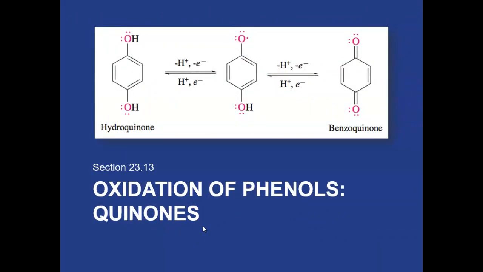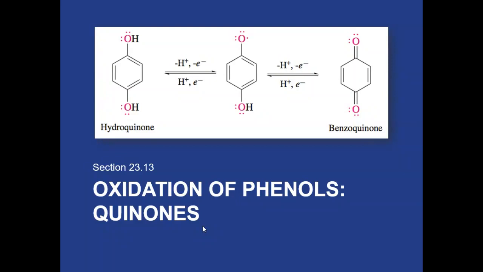All right, then probably we're going to talk about the very last reaction of the phenol, oxidation of phenols. And we know alcohols can be oxidized into aldehyde or ketone. If it's primary alcohol, it can be oxidized to aldehyde if you pay attention to avoiding water.